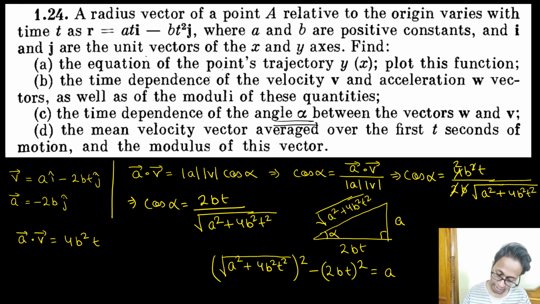So this cos alpha can also be written as this triangle, and tan alpha is equal to a by 2bt.